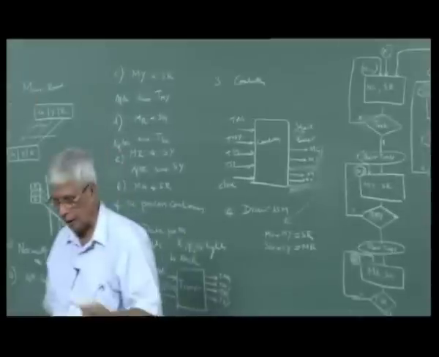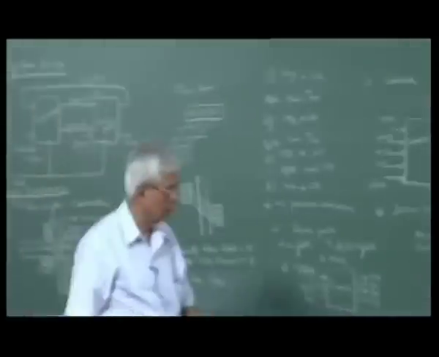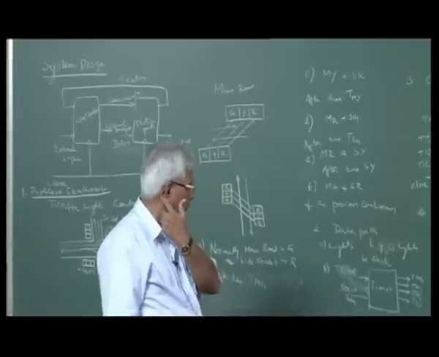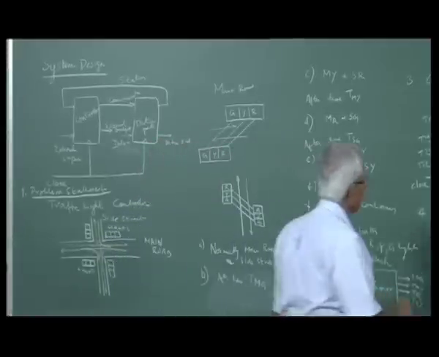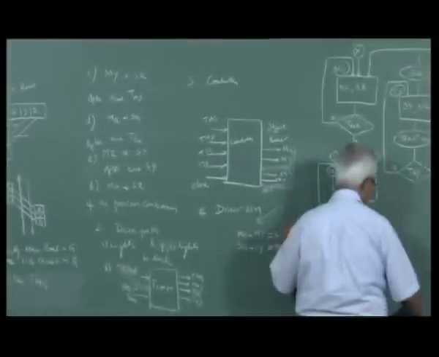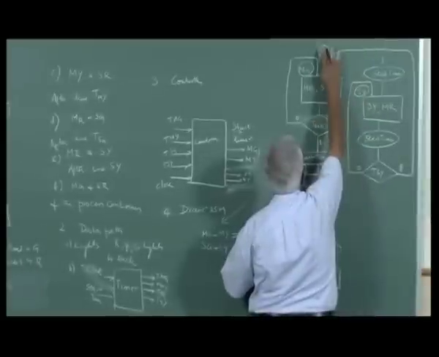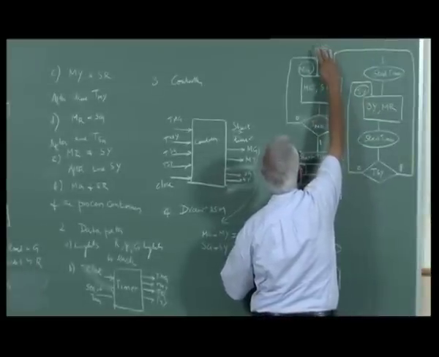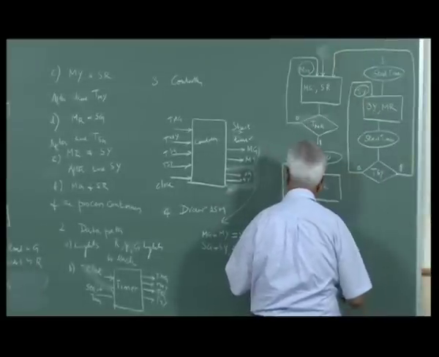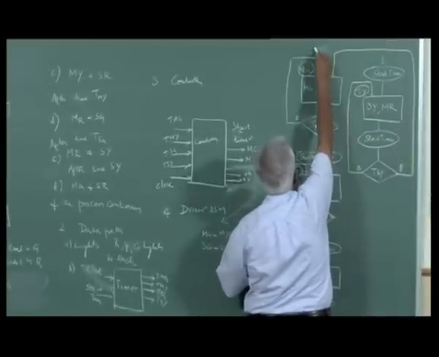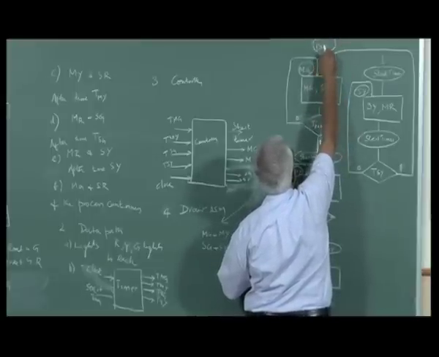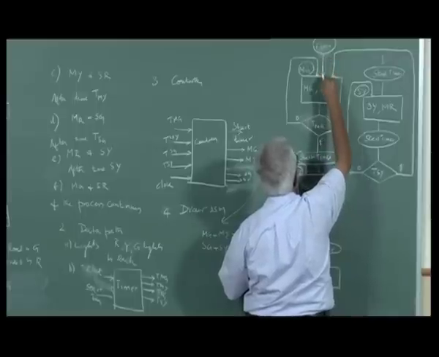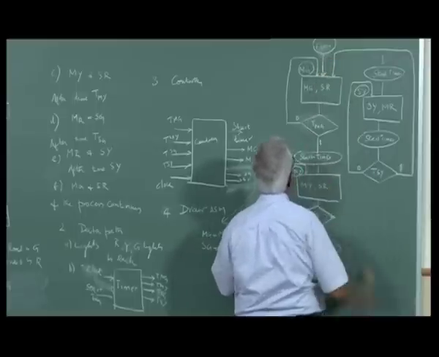That's what happens in the night. At the junctions, they switch off so that there's a flashing light. So originally it is in this flashing light mode, and when somebody switches on, it goes to this state.